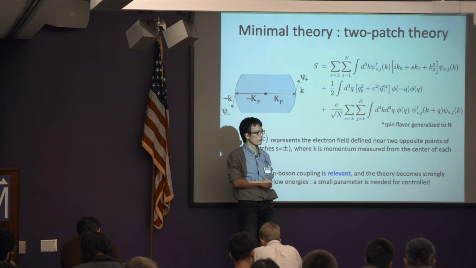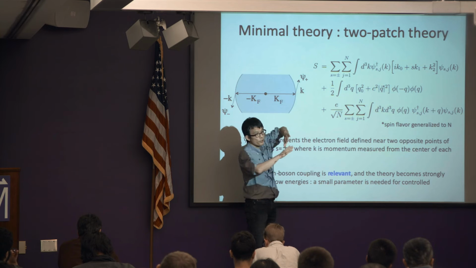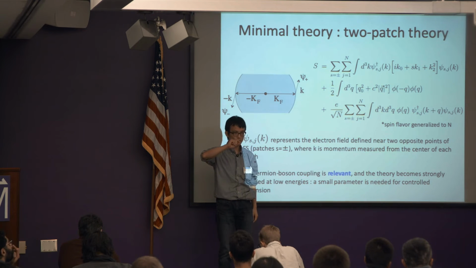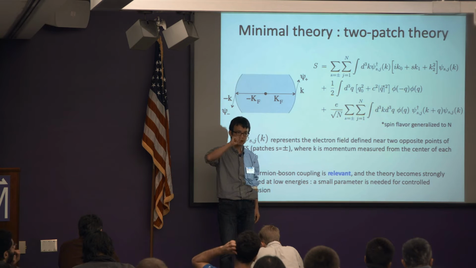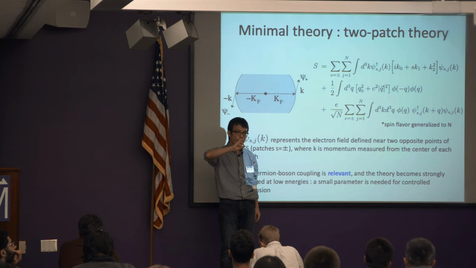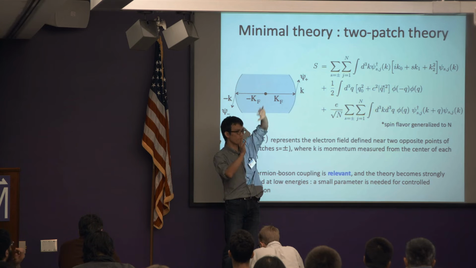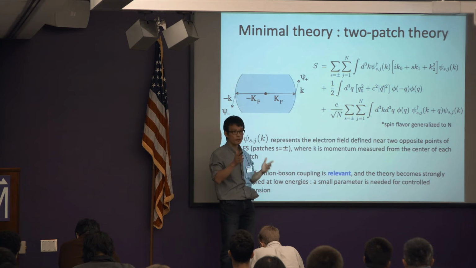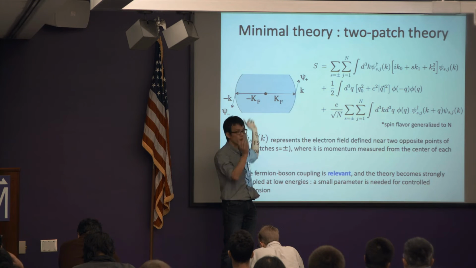It's pretty much like the local property that Liang mentioned. Although there's an entire Fermi surface, if I look at the spectral function at a given momentum, that property doesn't care about the shape and size of other parts of the Fermi surface. If that's the case, then patch theory is valid. If not, then you should go back to the full theory.